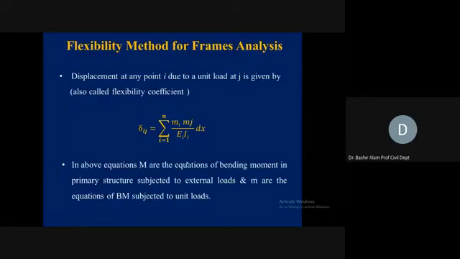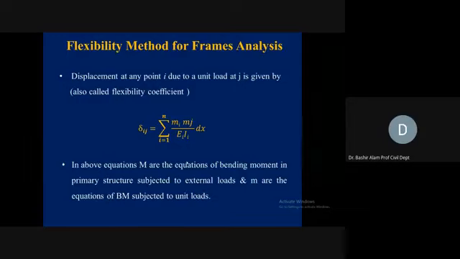Now displacement at any point i due to unit load at j is given by, also called the flexibility coefficients. If you find the flexibility coefficient, so that will be mi and mj now. delta ij is equal to flexibility coefficient at i due to j. Now it will be equal to the integral of mi mj divided by EI. Now this is the application of the unit loads corresponding to the displacement, corresponding to the redundant actions now.